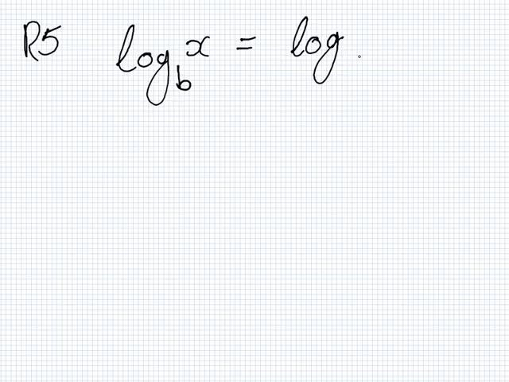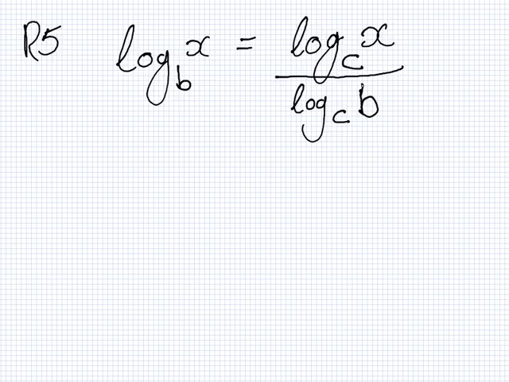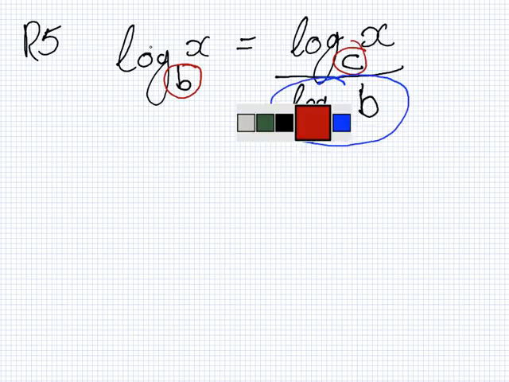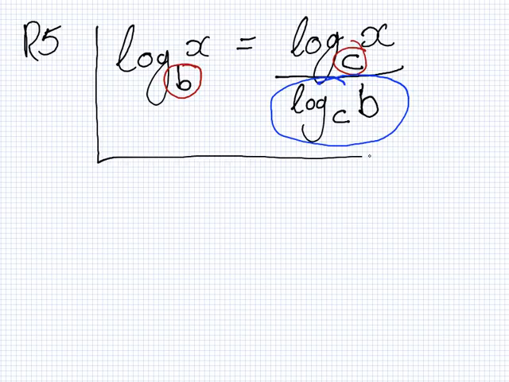So when you change the base from b to c, the price you pay for making that change is you must divide by log base c of the old base. So if you want to change from a base b to a base c, then the price that's paid is you have to divide by this. So again, we'll prove this. If you can just write this rule down.